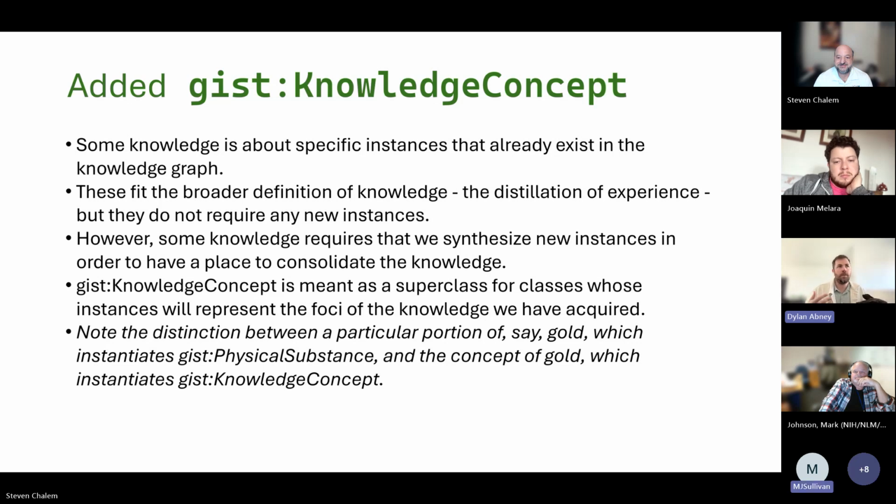There's a further link that we could establish between that particular hunk of gold and the general concept of gold. It may depend on the use case what predicate we would want to use to link those. It could be based on or categorized by, depending on the concept. But certainly we could establish that link to codify that relationship in that way.